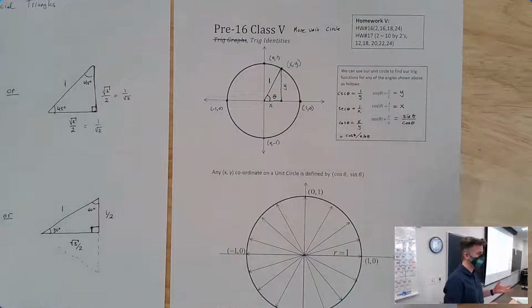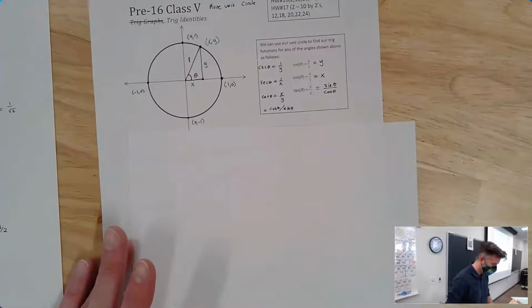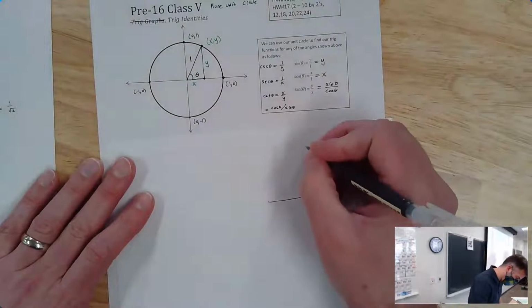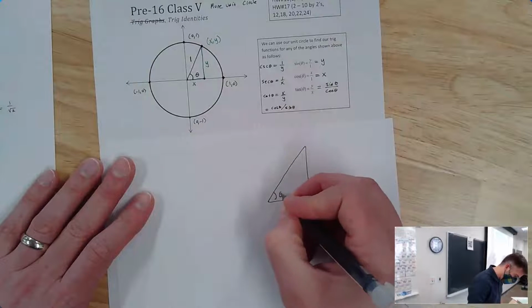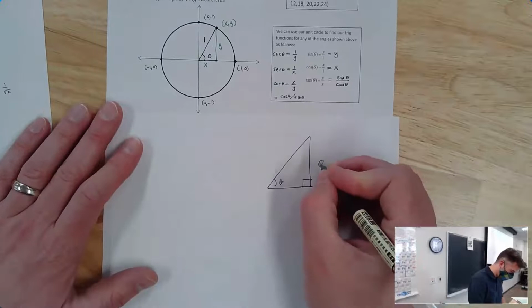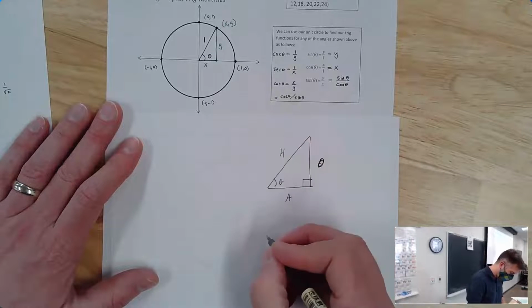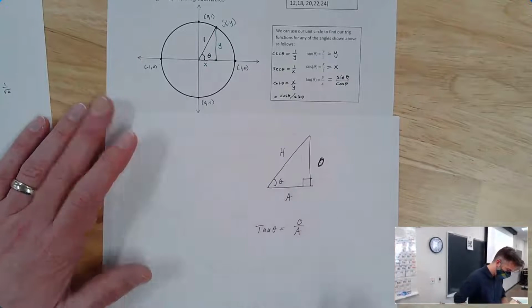But there's another way of seeing this, so let's go ahead and do that for a second. Just to clarify what Tyler said there, if you were back in a regular old right triangle situation, and that's my opposite, that's my adjacent, that's my hypotenuse. Tangent of theta is opposite over adjacent.